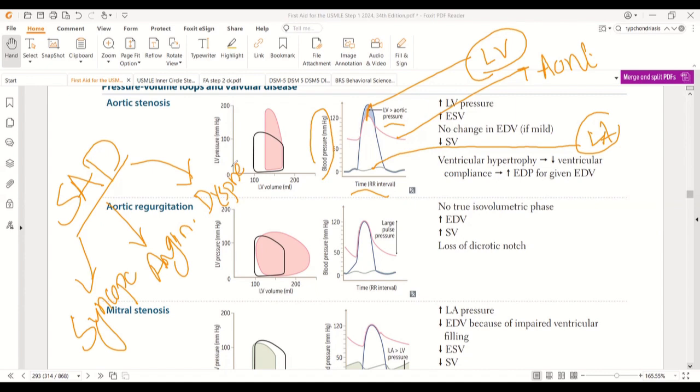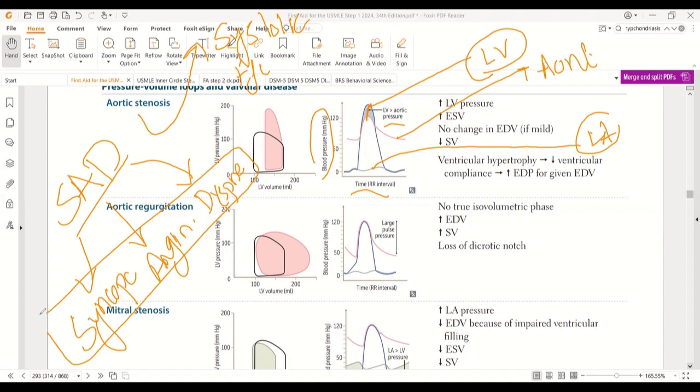What is the nature of the murmur of aortic stenosis? It is a systolic ejection murmur, a crescendo-decrescendo murmur, right? Sometimes they give you these kinds of clinical vignettes.